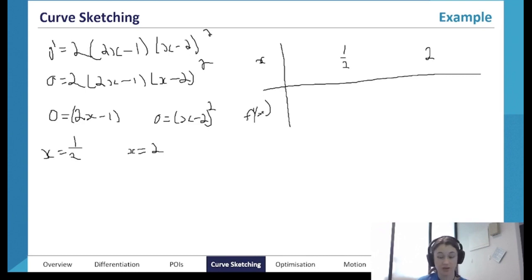Then we're just going to pick values in between these, so we're going to have 0, 1, 3. We know that at a half and 2, our first derivative is going to be equal to 0. Now we need to determine the value of the derivative at these other values, 0, 1, and 3.